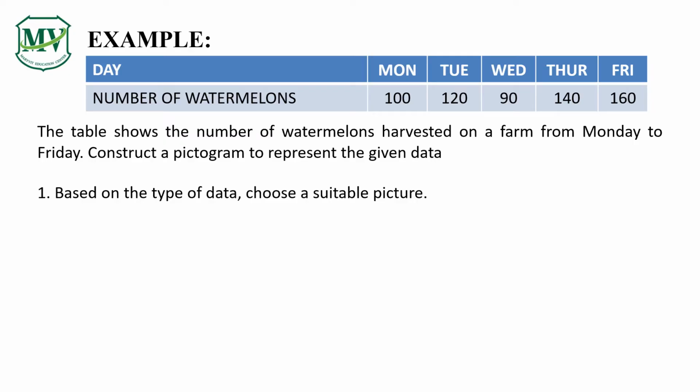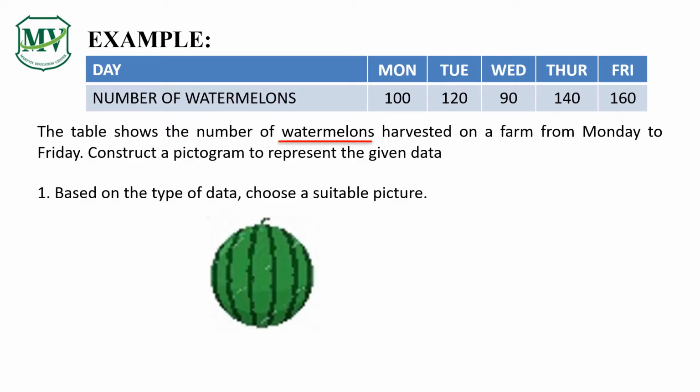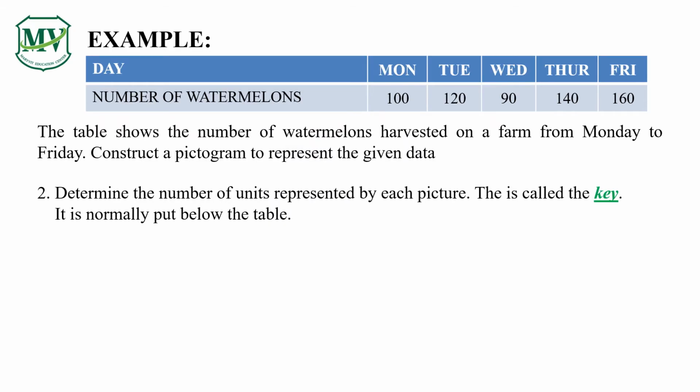In constructing a pictogram, the first thing that we have to do is to choose a suitable picture based on the type of data that we are using. Since our data talks about watermelons, we must use a picture of a watermelon. The second thing is to determine the number of units represented by each picture.